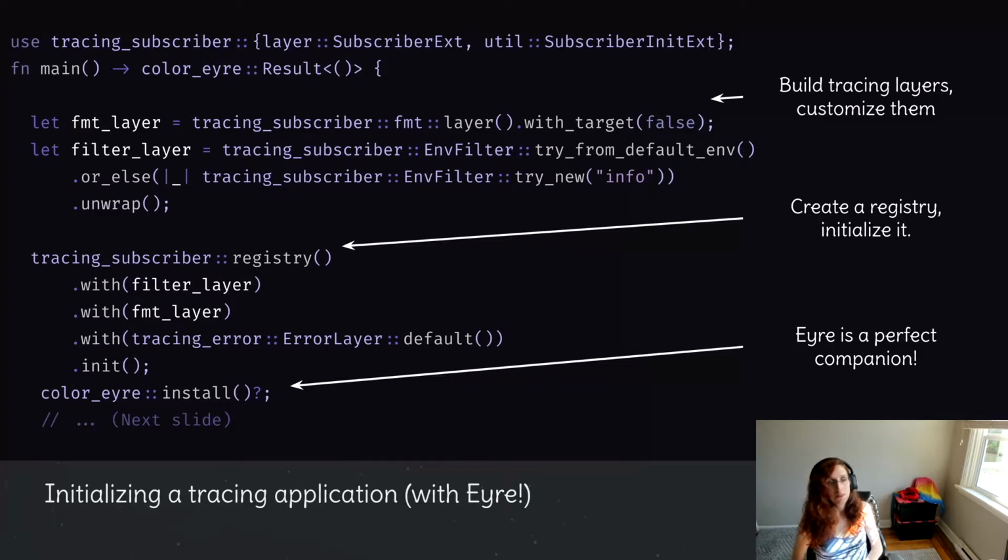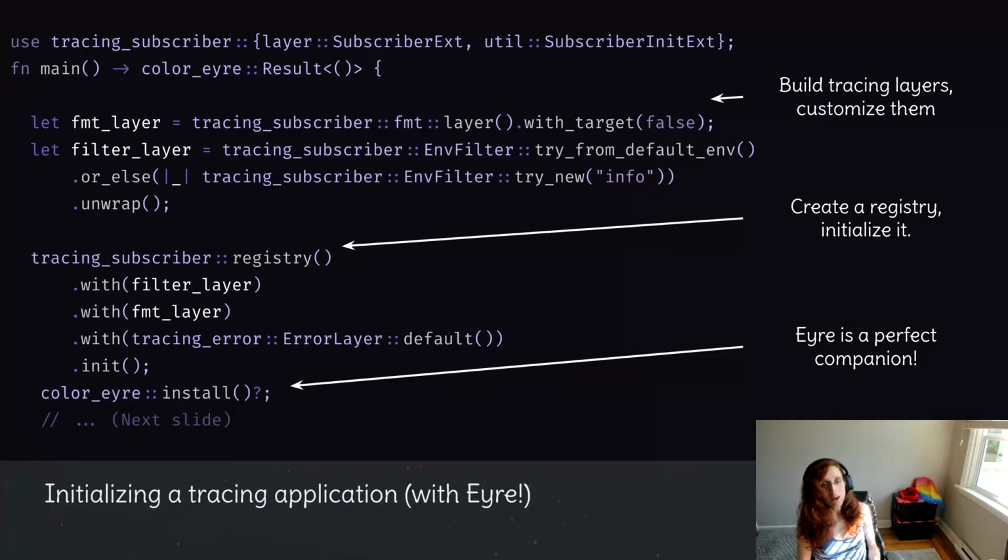So they're setting up this log format layer, and then they're creating a filter which defaults to info level. And then it's registering them inside of the tracing subscriber registry. And that's sort of, whenever I create a log event, it would go through this registry and each of the layers would be able to affect it.